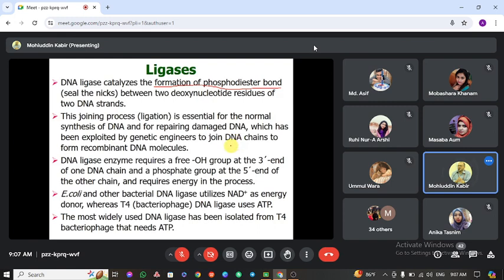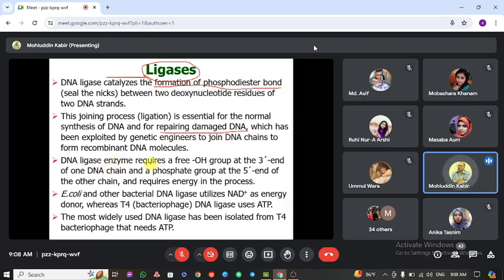And this is very much required. Otherwise, the damaged DNA, that means the DNA with the gap, will be degraded. Now, how does this enzyme work?